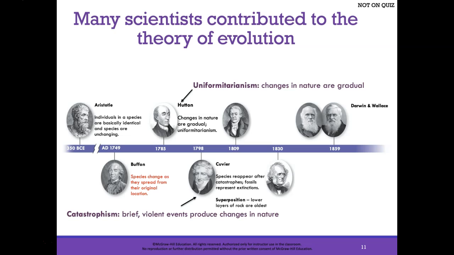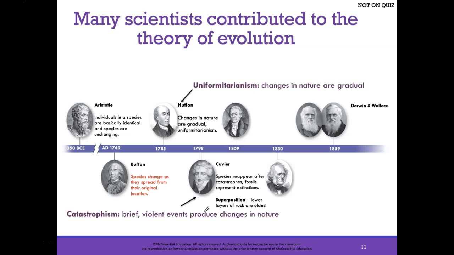Cuvier also helped recognize what's called the principle of superposition, which suggests that the lowest layers of rock are older than the higher levels of rock. This was a huge contribution. Cuvier noticed that fossils represent extinctions from the past.